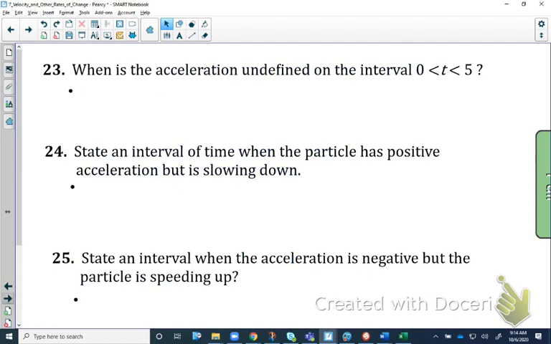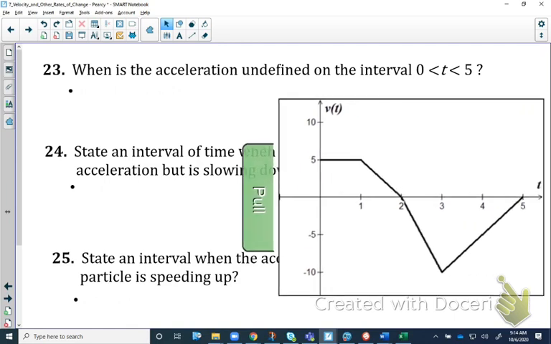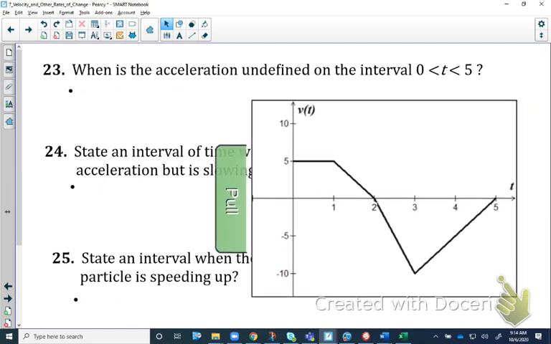When is the acceleration undefined? Okay, undefined is going back to what we talked about when something is not going to be differentiable. So since the acceleration is the derivative of the velocity, anywhere I have a corner in this case is where I'm going to be looking at something not being differentiable. So the acceleration would be undefined at those points.